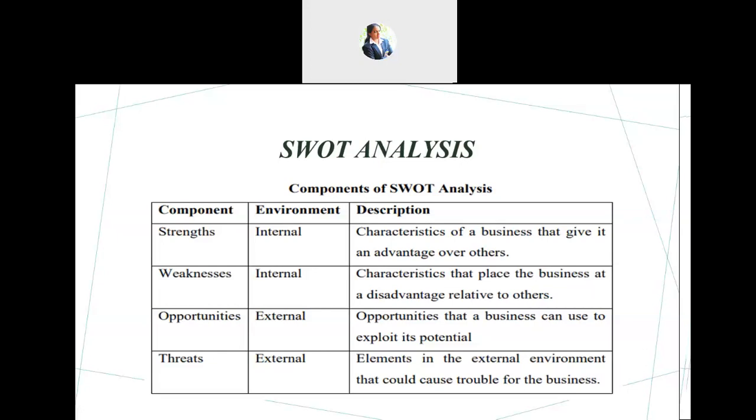The third one is opportunities. Now, these opportunities are the favorable conditions in the external environment of a business, and the business can use these opportunities to carry out all the strength or potential that it has.